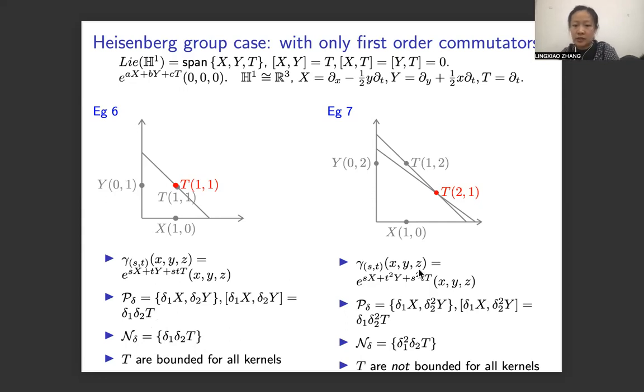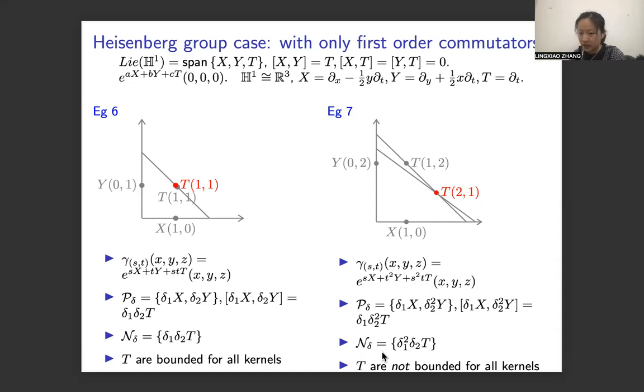And next example, we change gamma slightly by making the coefficient of Y to be t squared, and the coefficient of T to be s squared t. And now the dilated vector fields become delta 1 X and delta 2 squared Y, and their commutator is delta 1 delta 2 squared T. Okay, but now the dilated non-pure vector field is delta 1 squared delta 2 T. And by simple calculation, this is not spanned.